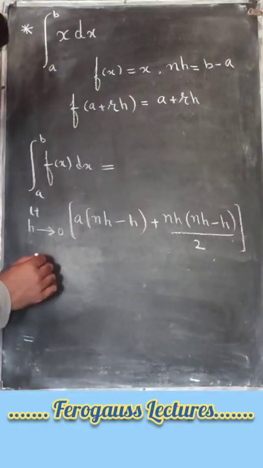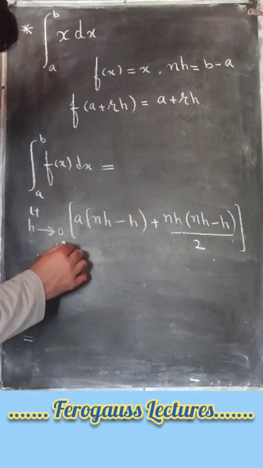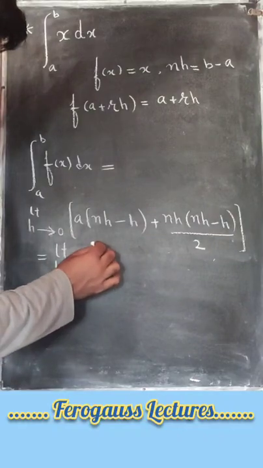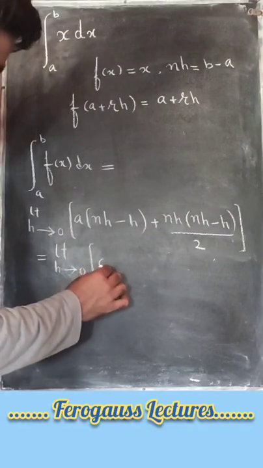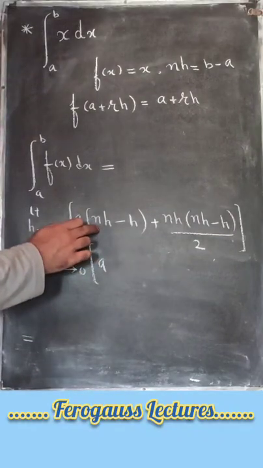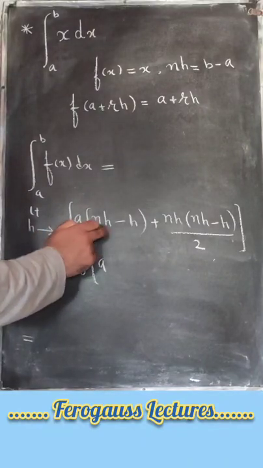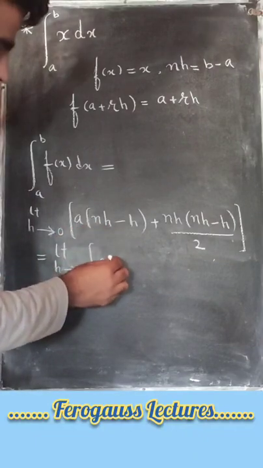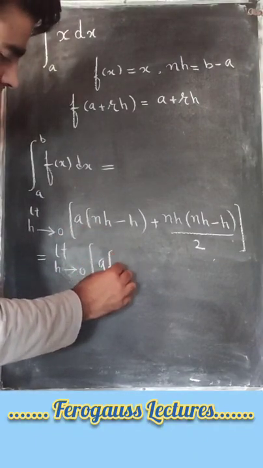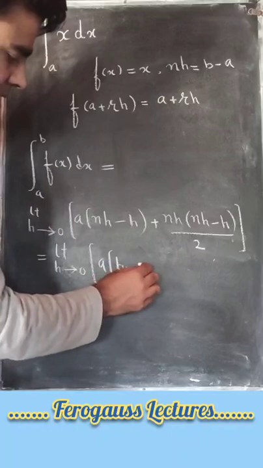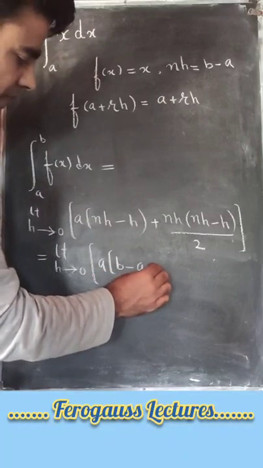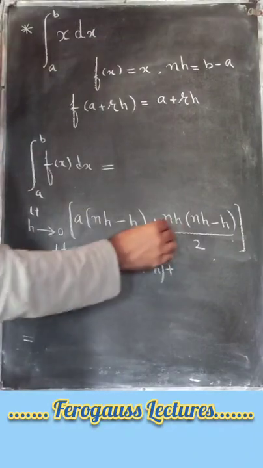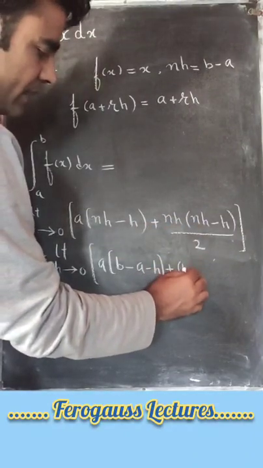Now this is further equal to limit h tends to 0 of a times, now here we have nh, and instead of nh we can write b minus a. So we replace nh with b minus a. Then we have minus h. Then plus, again we have nh, so we write b minus a.